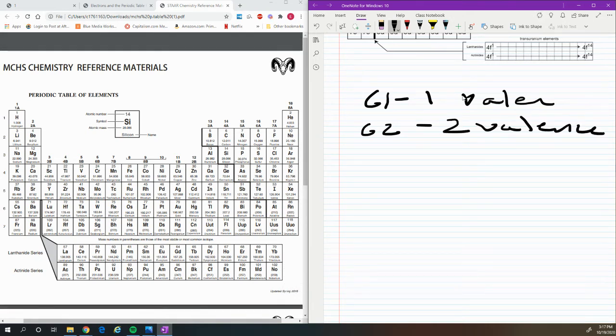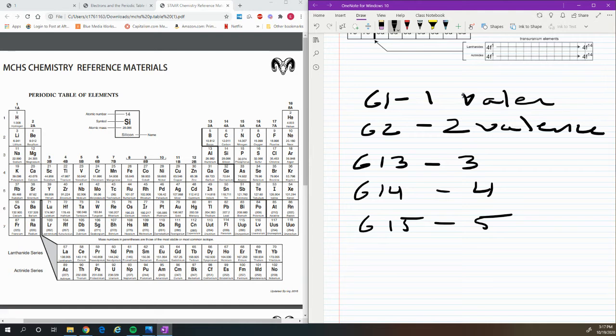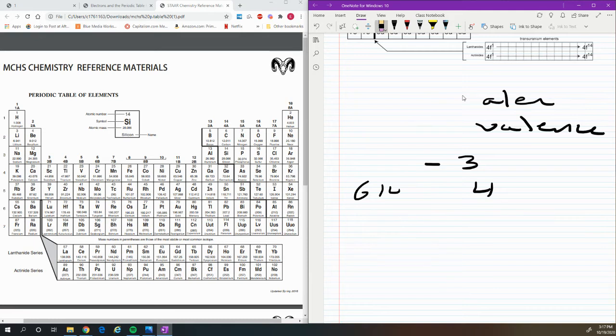Your video covers it, so I'm not going to cover it here. Group 13, so right here, we skip this entire section. We usually don't care about this section. We'll have 3 valence. Group 14 will have 4. Group 15 will have 5, 16, 6, 17, 7, 18 will have the complete octet, 8. So make sure you know that. Again, I'm not going to go over it. Watch the videos. It goes over it in detail.